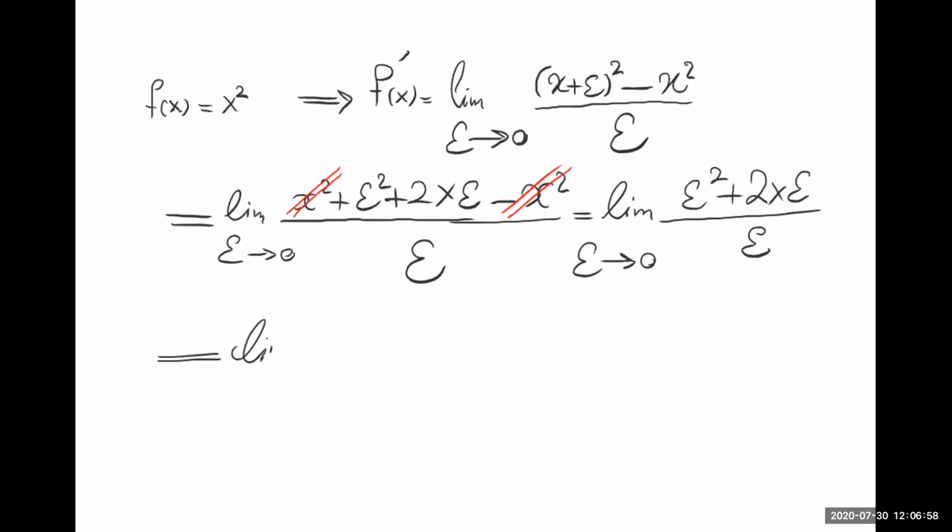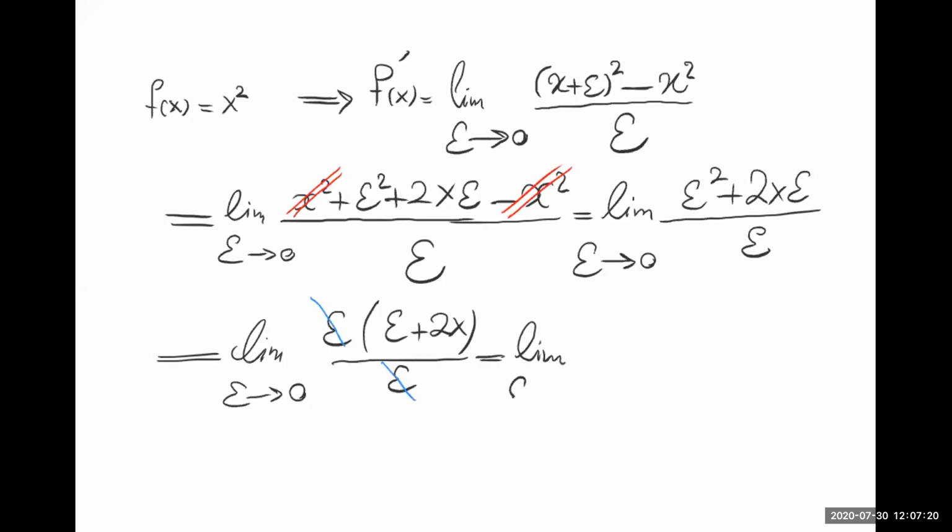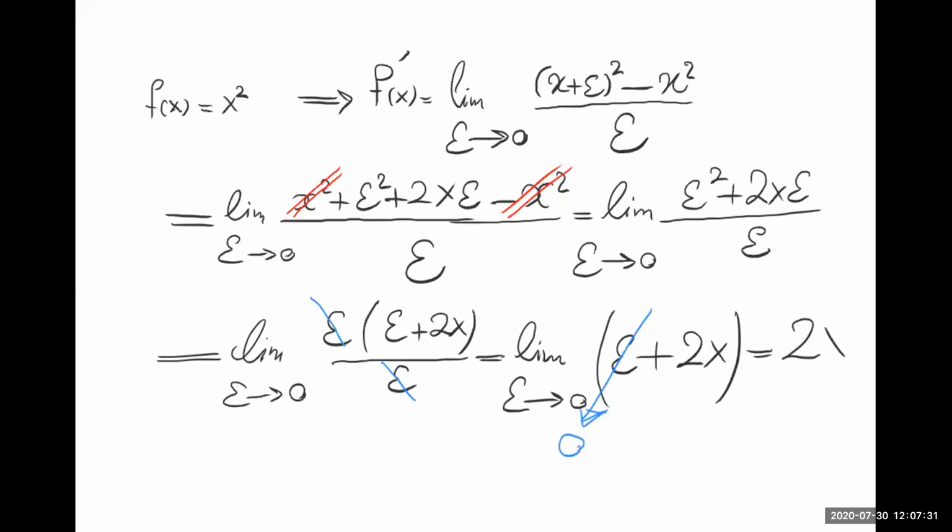I can write the numerator as epsilon times epsilon plus 2x, over epsilon, and I can cancel this epsilon with this epsilon. I would get the limit, epsilon goes to 0, of epsilon plus 2x. Well, epsilon is going to 0, so we would get 0 plus 2x, which is just 2x. So the derivative of x squared is 2x.